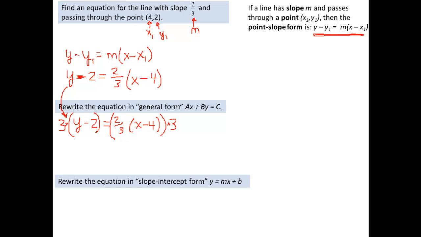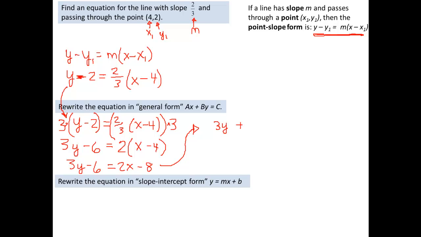Okay, so I'll have 3y minus 6 on this side, and 2/3 times 3 is just 2. So I've got 3y minus 6 equals 2x minus 8, and let me add 8 to both sides. 8 minus 6 is 2.